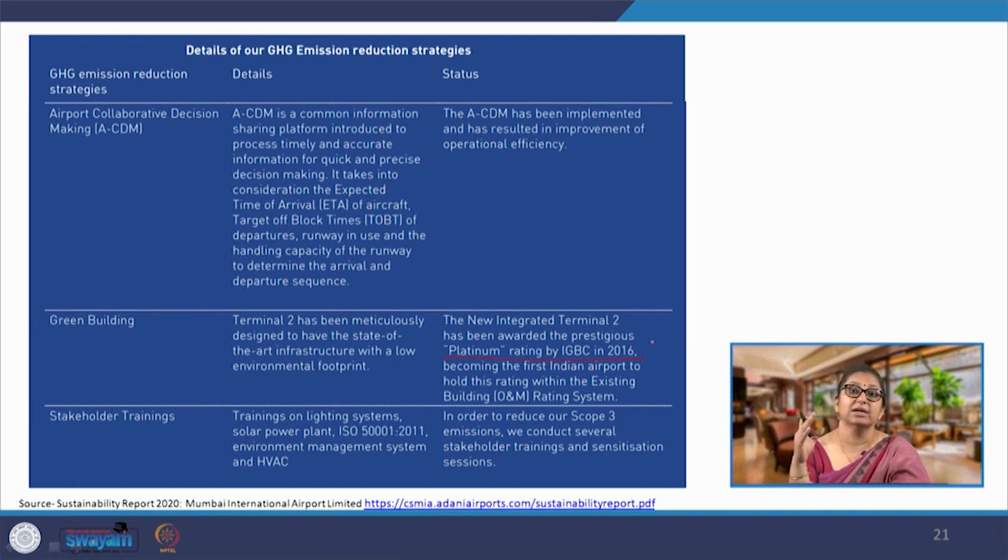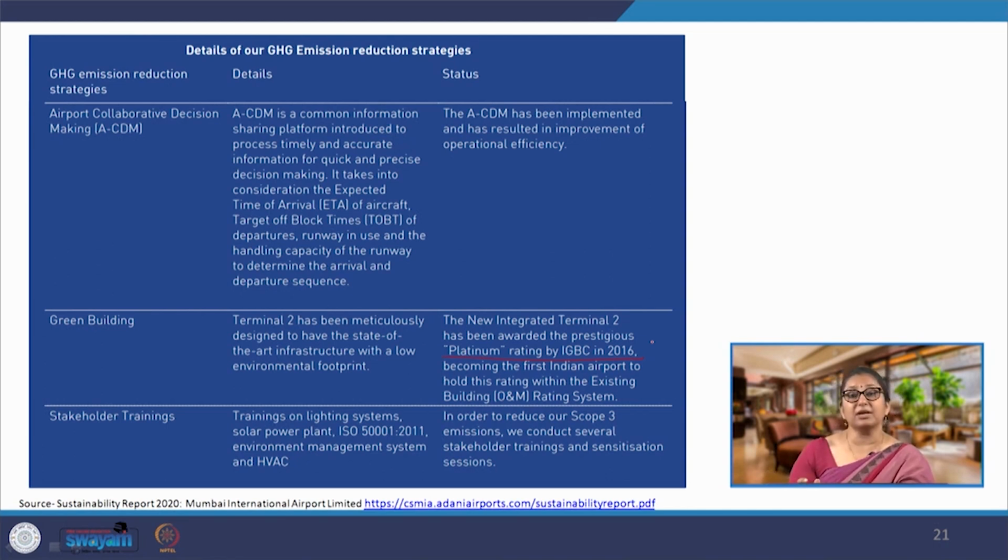Internally, a lesser distance has to be travelled by the passengers. So, all these principles have been used in the design of the building, thereby reducing the total emissions from the airport itself. Together, the choice of material, choice of fuel for energy and the building design have resulted in a low GHG emitting airport, as in the case of Mumbai International.